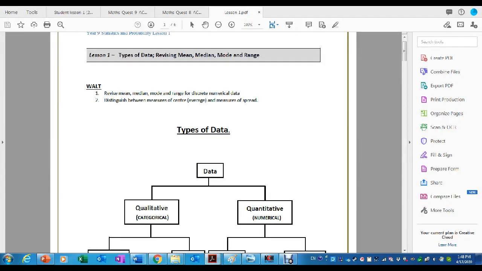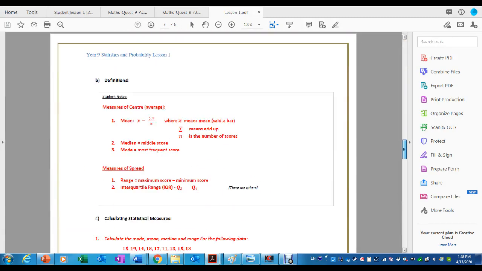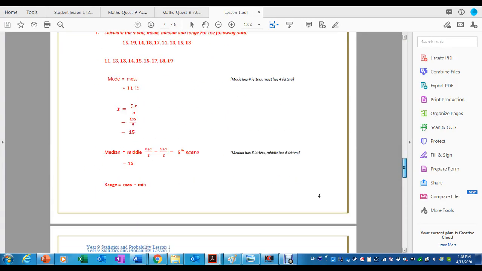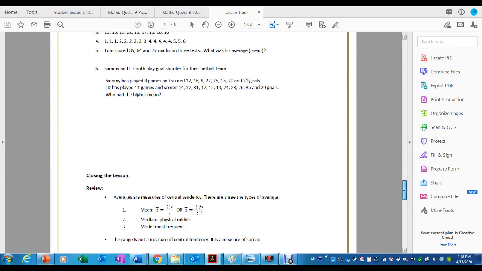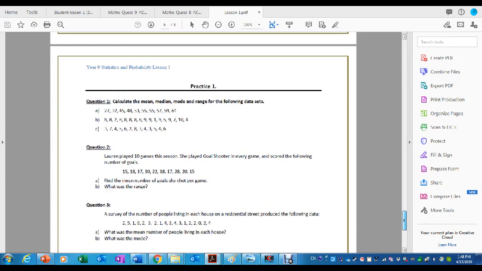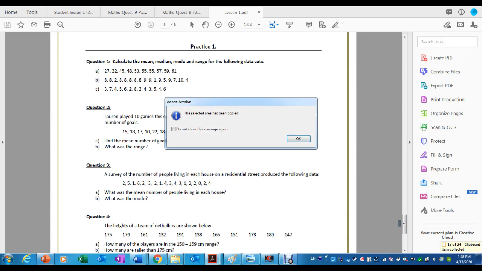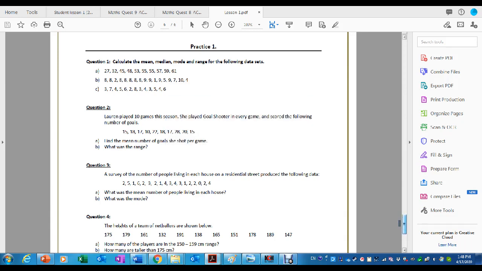That's your handouts. It should be in your OneNote, right? We've done some of the questions here, and please try to do practice 1.